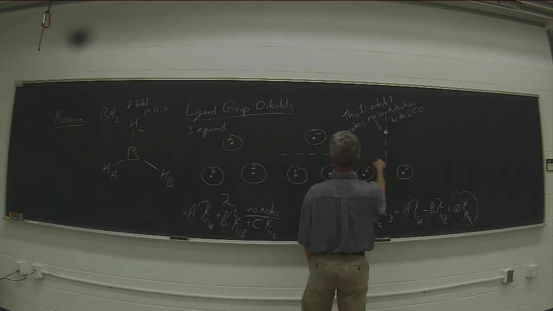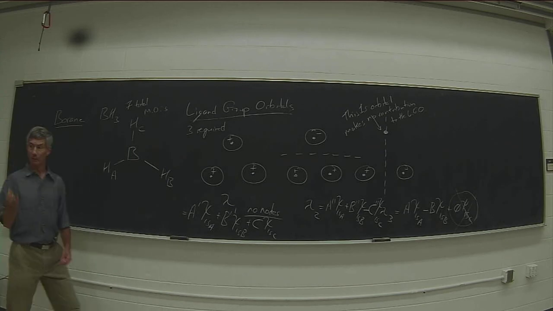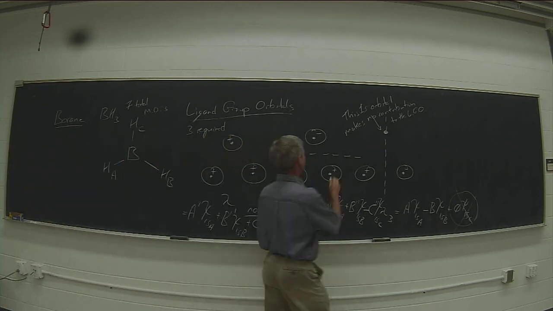These 2 are degenerate because they each have 1 node, and orbitals with the same number of nodes have the same energy.